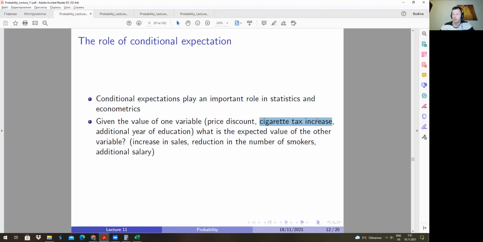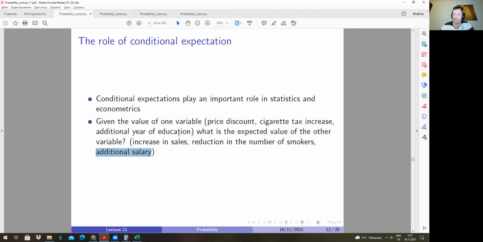If the government imposes additional tax on cigarettes, what is the expected reduction in the number of smokers? If I study one more year in the university, what is my expected additional salary? Those are the questions that we are going to investigate.